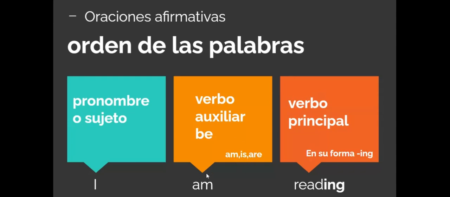In this example, I am using am. And then the main verb in its ing form. We are using the verb read plus the ing form, reading. So the sentence is I am reading.